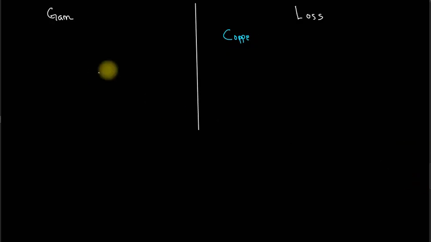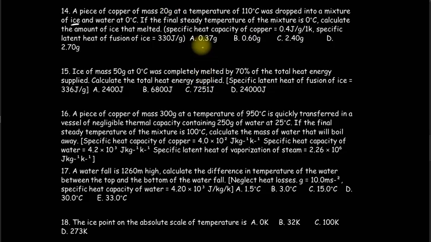Let's use a different color. So water and ice, they are gaining heat. Okay. Now, because I see ice there, ice can only change to water when it absorbs latent heat.